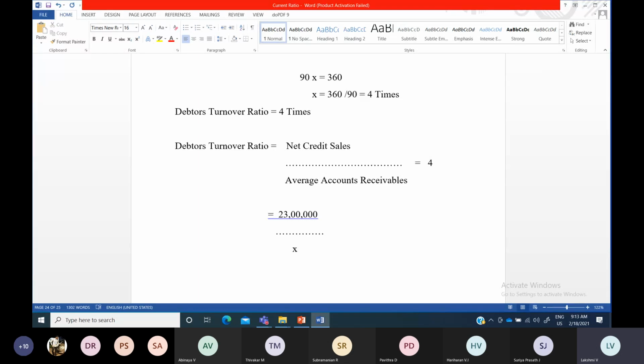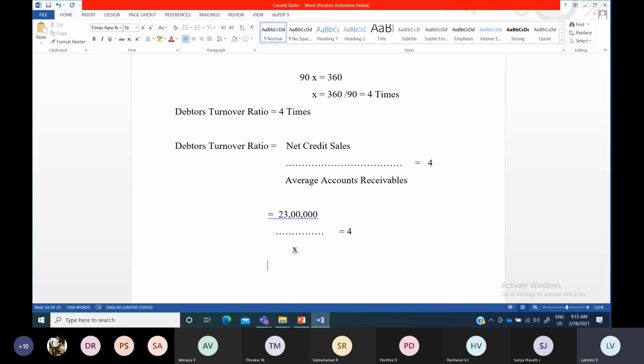Average accounts receivable we don't know. We don't know the opening debtors or closing debtors, opening bills receivable, closing bills receivable, anything we don't know. So we have to consider it as X only. So 4 times we just now calculated here. This 4 times I'm using here. Okay, and then you have to do as you do for maths.